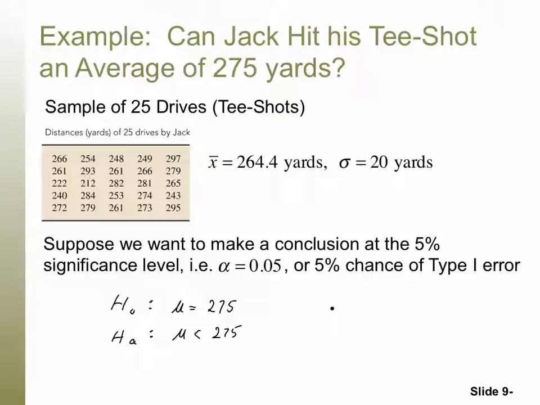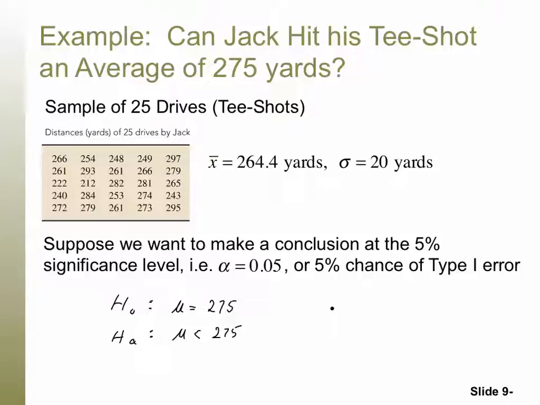But because of the sample, the sample led us to believe that he doesn't, and we rejected the null, when this was just a really unlikely sample, right? So the information that we had didn't result in us making the right conclusion.